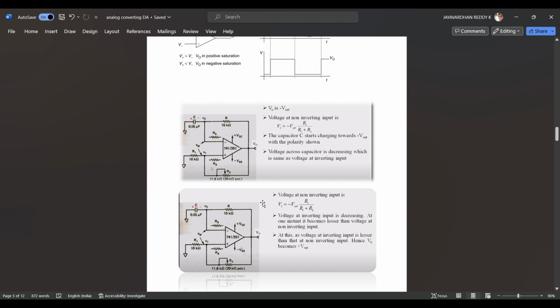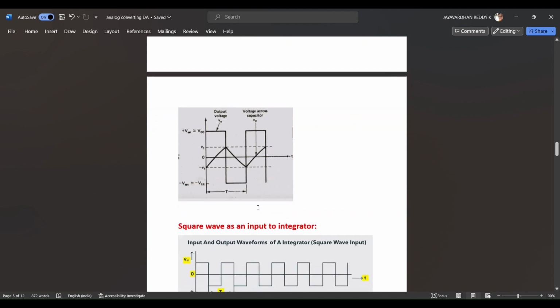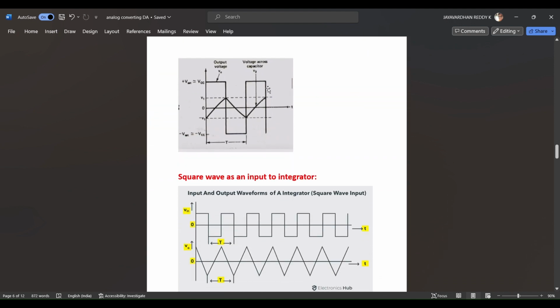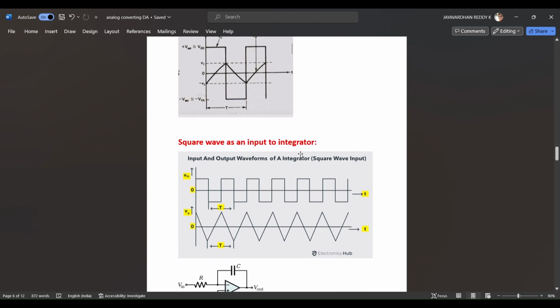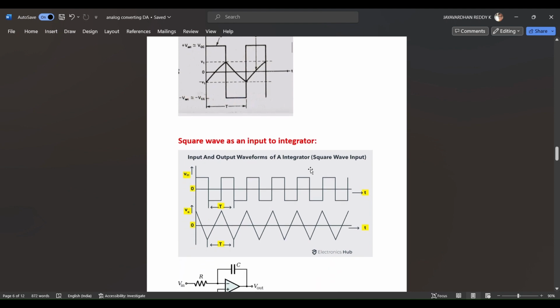In this way, the output of the comparator keeps changing from plus Vsat to minus Vsat and minus Vsat to plus Vsat and so on. The waveform of the output of the comparator is given by this. This is plus Vsat, it goes again minus Vsat, again goes plus Vsat, it goes to minus Vsat and so on.